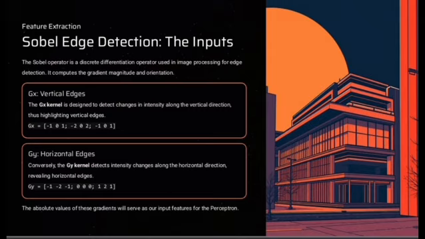Let's talk briefly about the mathematics behind the perceptron. A perceptron is essentially a linear classifier. It takes weighted inputs and passes them through a sign activation function to produce an output of either +1 or -1, which in our case represents vertical or horizontal edges. The w's are the weights, b is the bias, and the x's are our Sobel features.